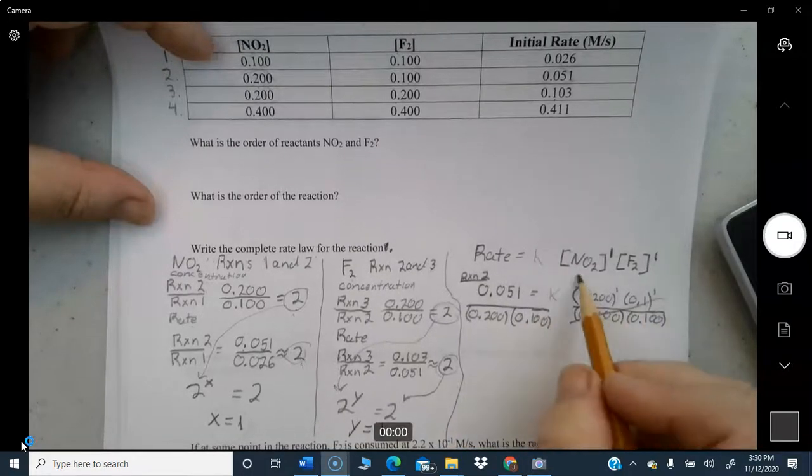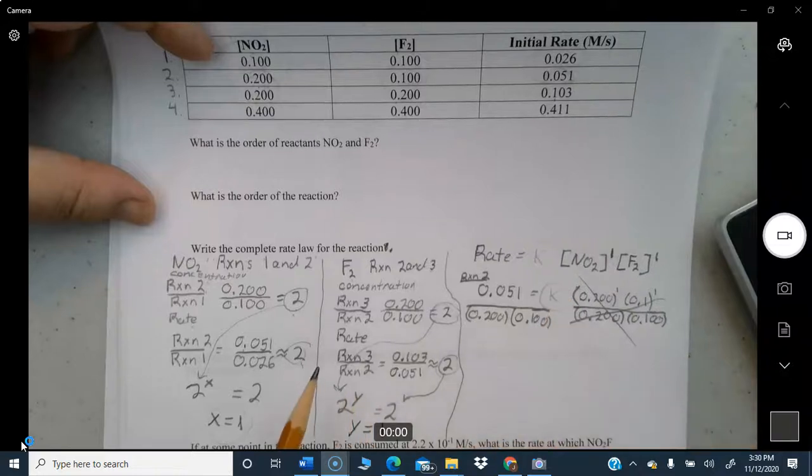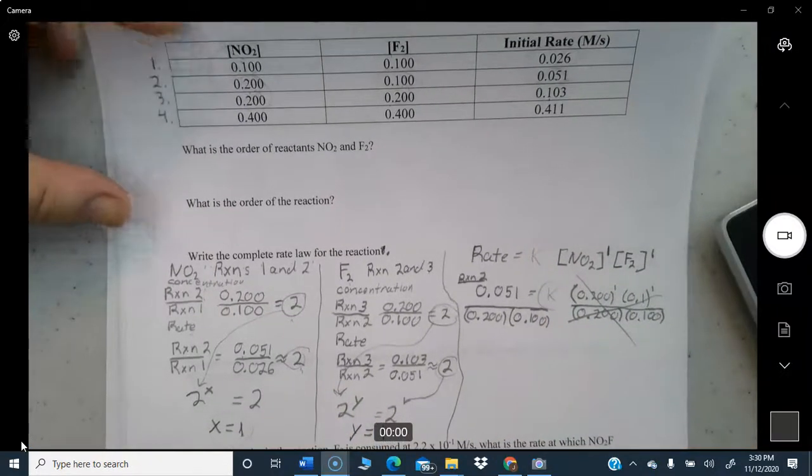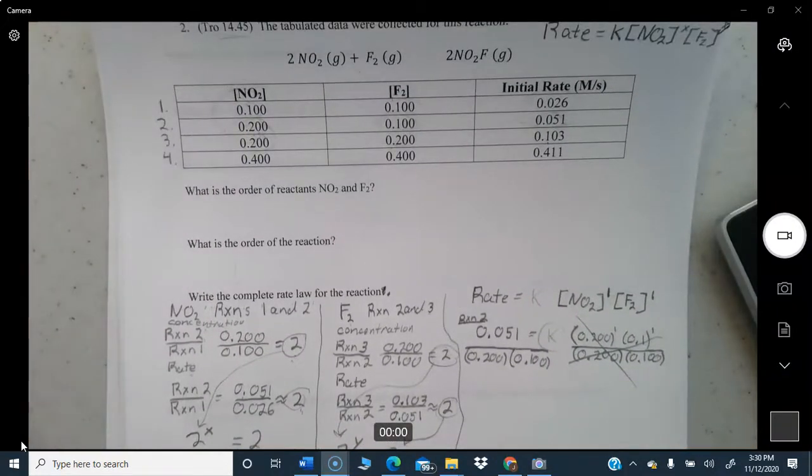Okay, and of course this all cancels out, so the only thing you have left on that side of the equal sign is the K. So go ahead and just do the math on that. And you get 2.55.